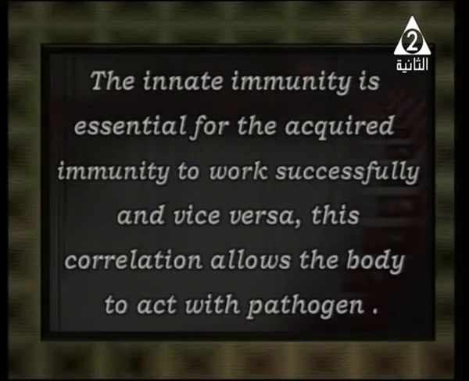This relation between them allows the body to act against the pathogen. It can attack the pathogen in two ways, according to the innate system that already exists inside the living organism's body, or the acquired or adaptive immunity system.